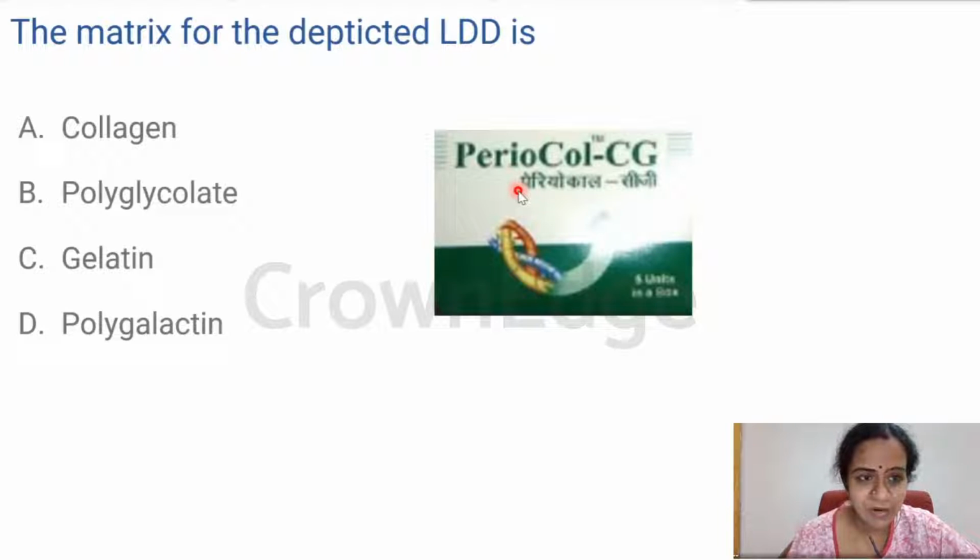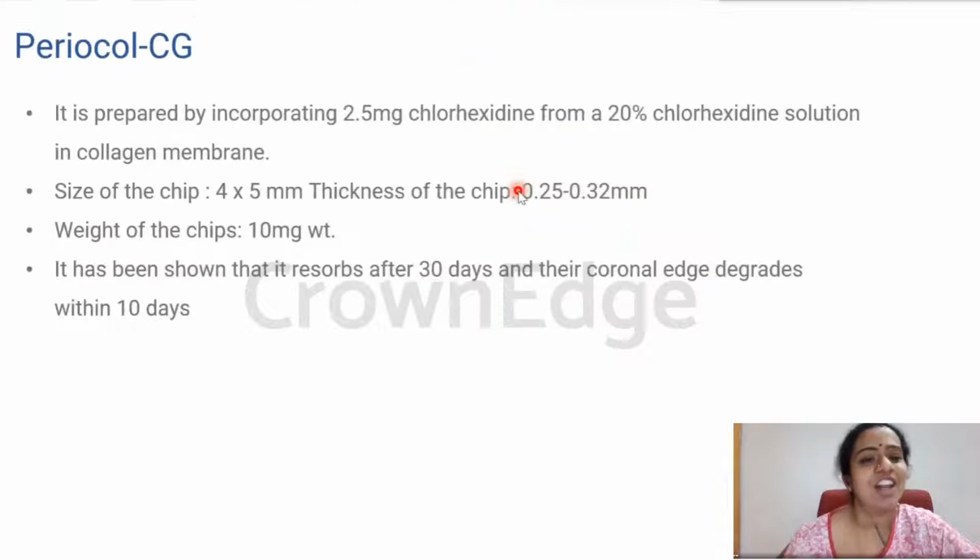What is the active agent of PerioCol? PerioCol. Col. Good. Collagen.